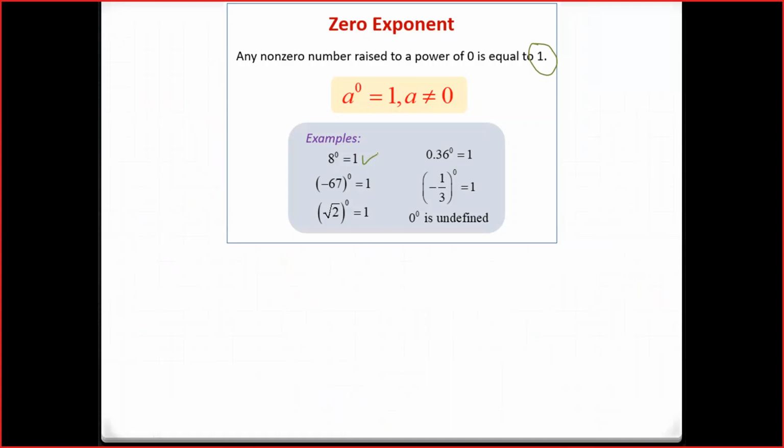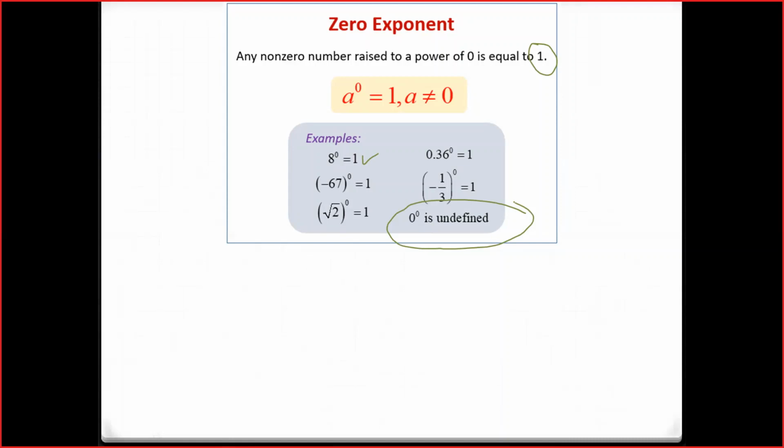Square root of 2 to the power 0 is 1 also. 0.36 to the power 0 is 1. Negative 1 over 3 to the power 0 is 1. But 0 to the power 0 is undefined.